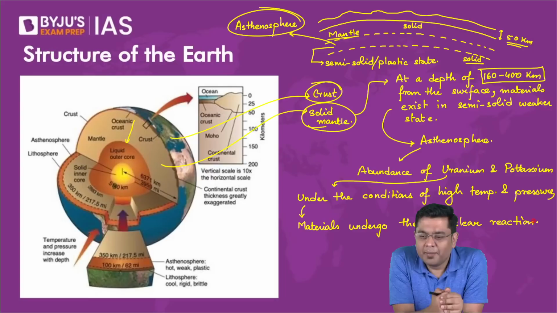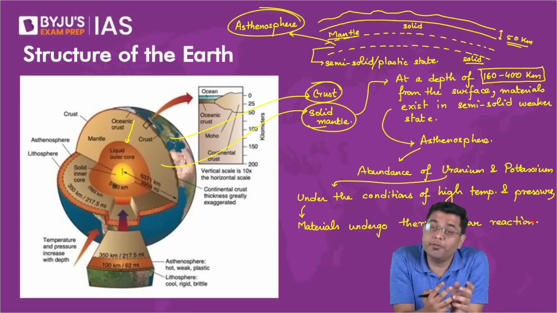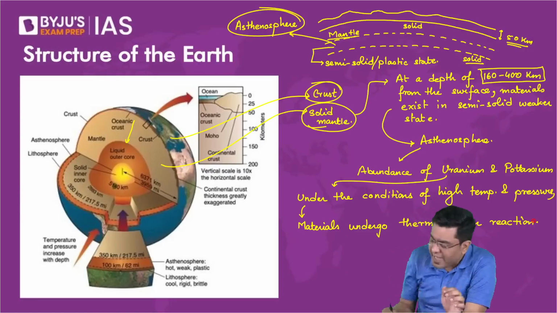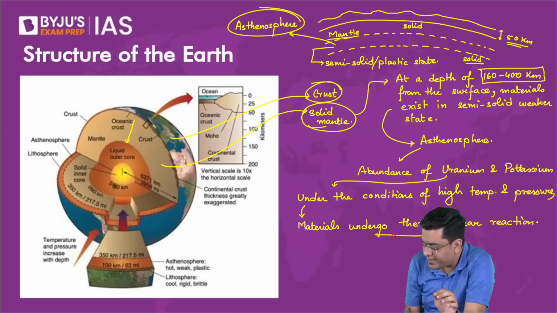So heat is produced. Whenever a nuclear reaction takes place, heat is an outcome. That is why you have the generation of electricity from nuclear reactors as well. That is what you observe in the case of a nuclear explosion, and in the case of the sun. The sun is a case of nuclear fusion, but here, a nuclear fission reaction takes place.